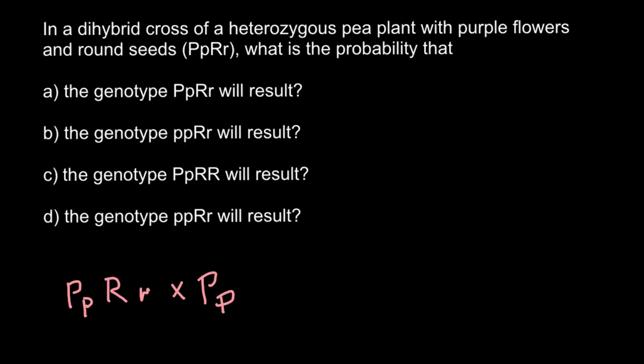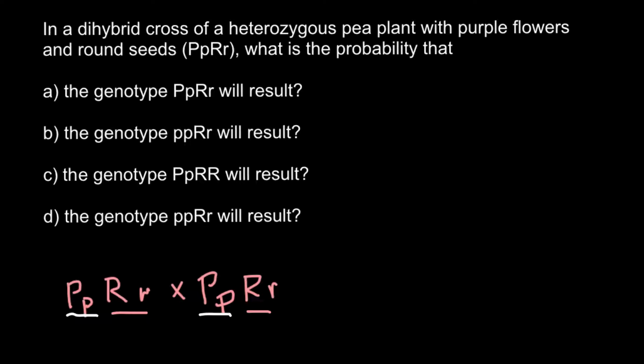So capital P small p and capital R small r. As you see, we have two genes here. One gene is P and another gene is R. And in a diploid organism, of course, all the genes are present in two copies. As you see, both these genes are present in heterozygous form.